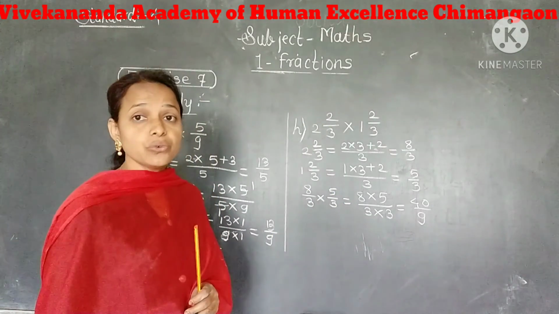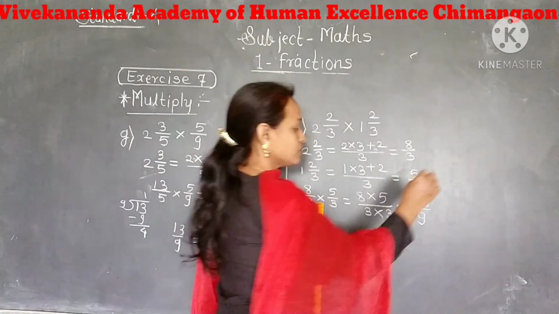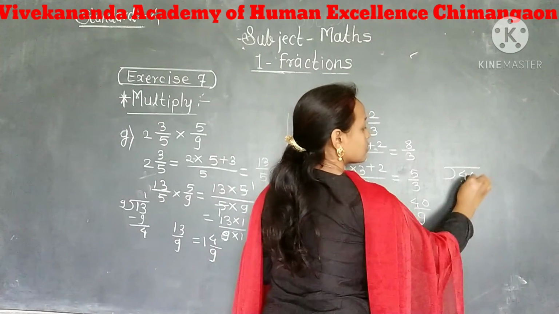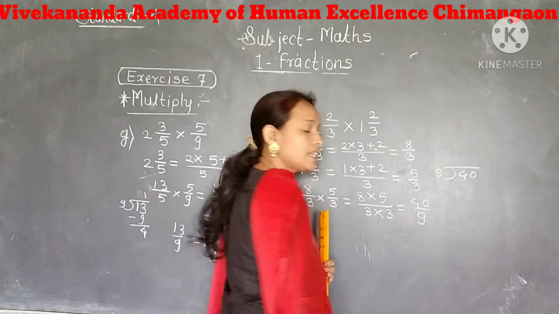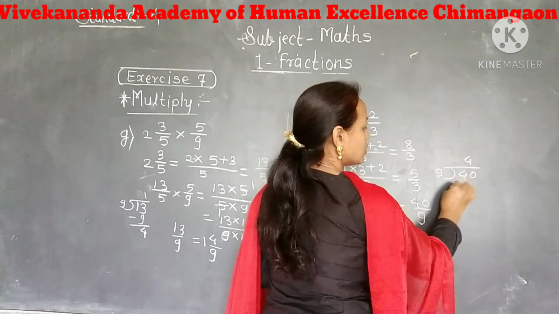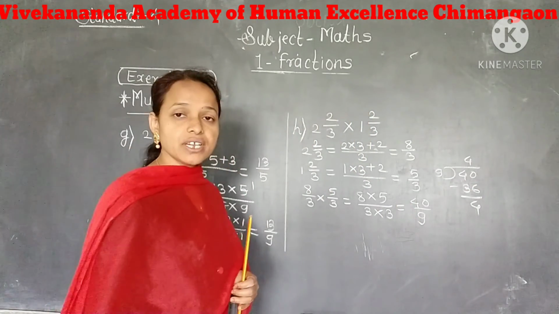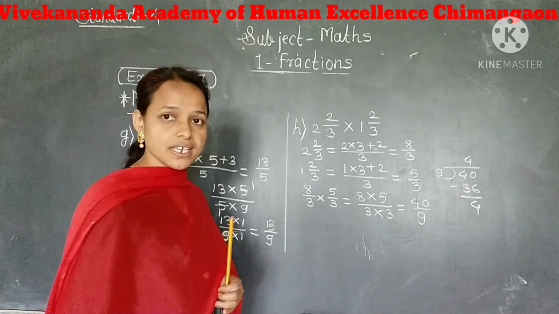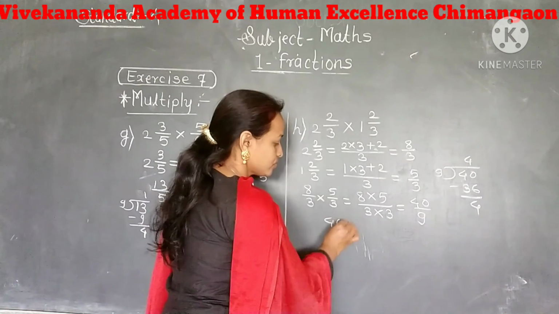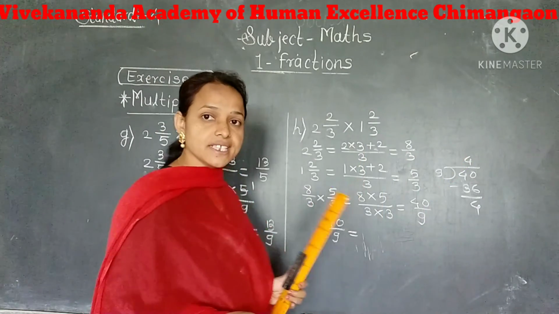Now we want to reduce it into lowest terms. So we divide 40 by 9. 9 4s are 36. We get quotient 4 and remainder 4. Now we write the improper fraction 40 upon 9 as a mixed fraction. So the quotient 4 we write as the whole number.